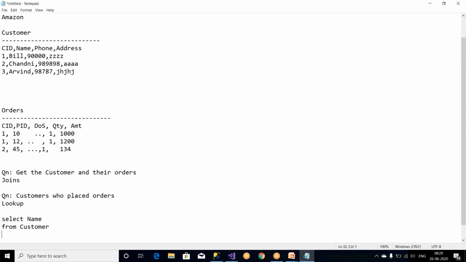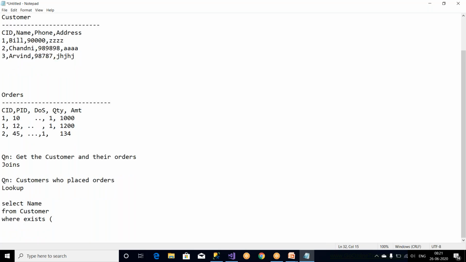So where exists, we will be writing EXISTS like this. EXISTS is lookup in SQL. Select star from the orders table, where, let me say this is C, this I'm calling O, where C dot customer ID is equivalent to O dot customer ID.